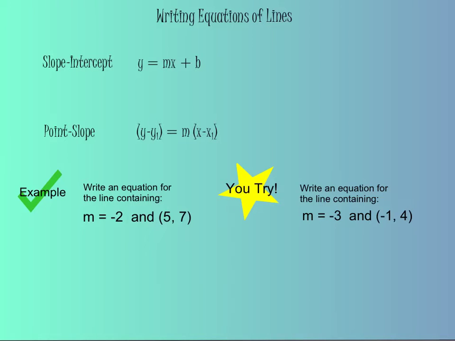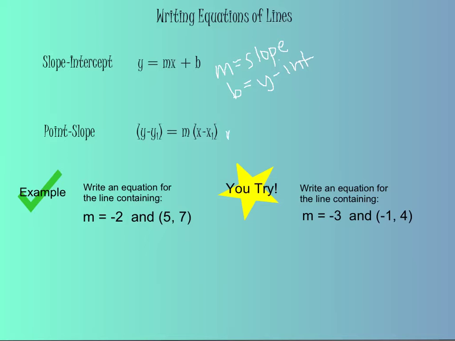So now we also need to remember a couple of the different ways we can write an equation of a line. So we've got slope-intercept form, which is y equals mx plus b. This tends to be the form that most people remember. But we also have point-slope form, which is y minus y1 equals m(x minus x1). Now it's important to remember that m is your slope and b is your y-intercept.